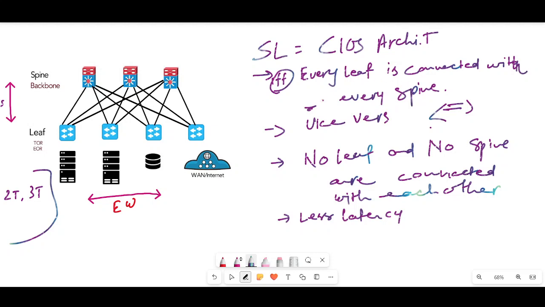Because there is no latency, high bandwidth will come. And there is a protocol, a rule, that is used here: ECMP.